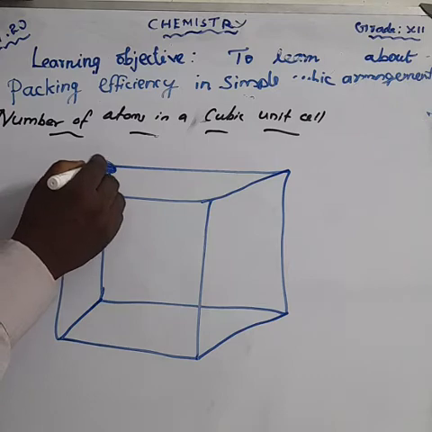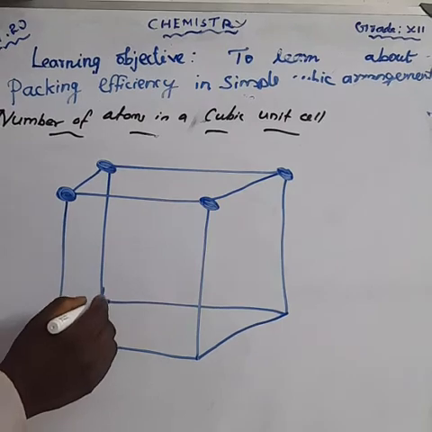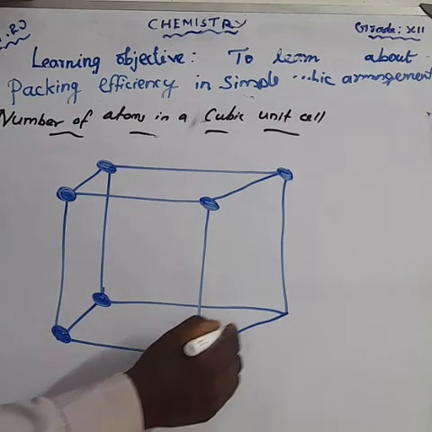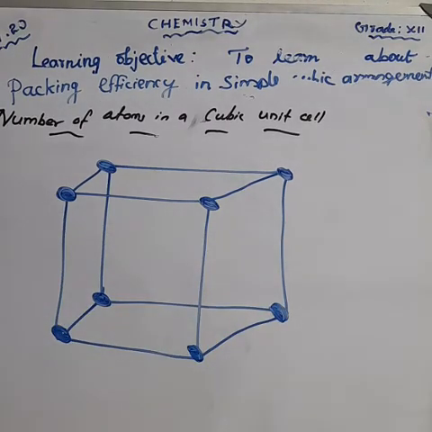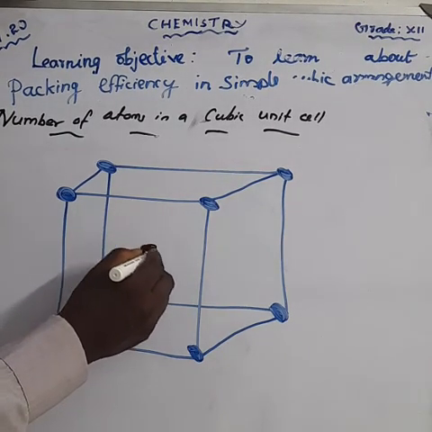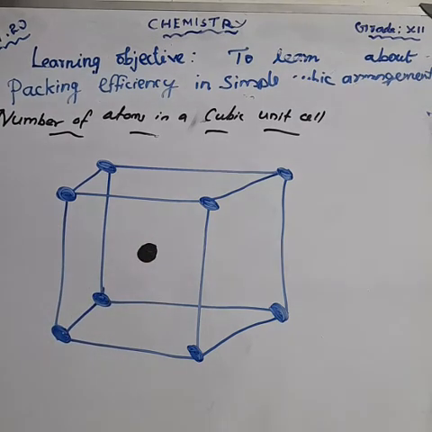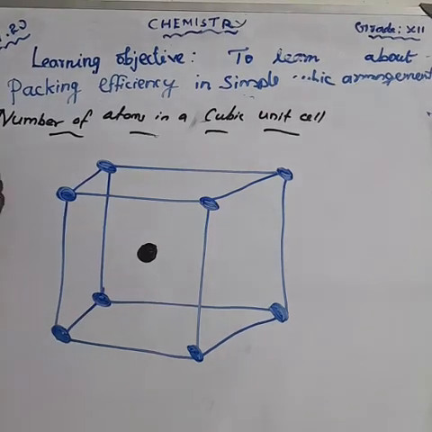Each corner has atoms, and the center has one. That is the body center. Okay? Clear? In the body centered cubic unit cell, each corner is occupied by one identical atom, and also in the body there is one.